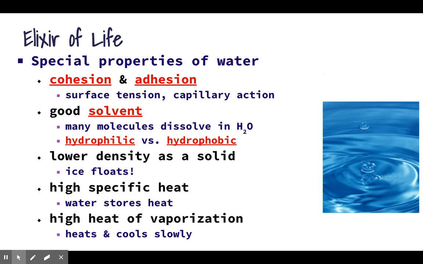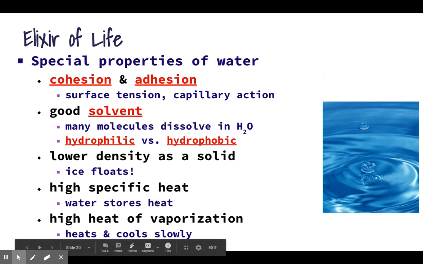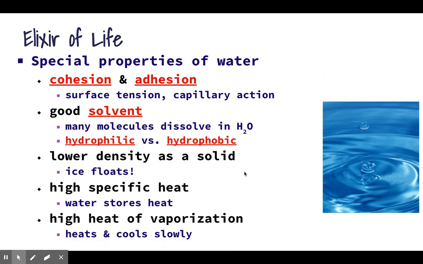We have hydrophilic versus hydrophobic ends. Water has a lower density as a solid, meaning that ice floats. Water also has a high specific heat, so water stores a whole lot of heat. And it also has a high heat of vaporization, meaning that it heats and cools slowly. So let's take a look at each one individually.